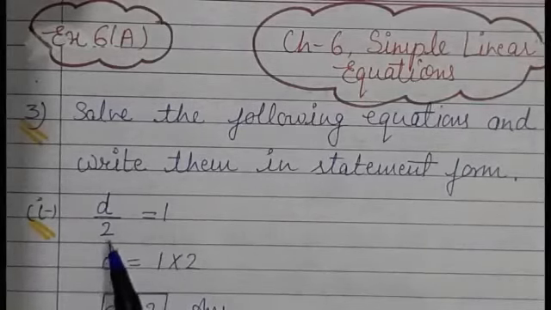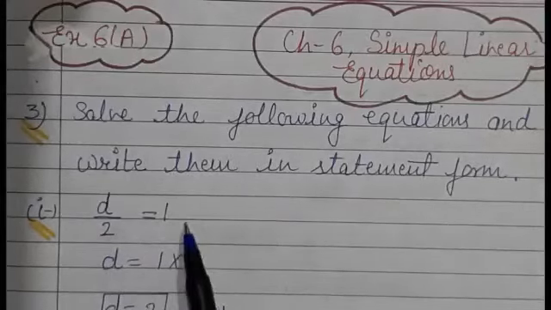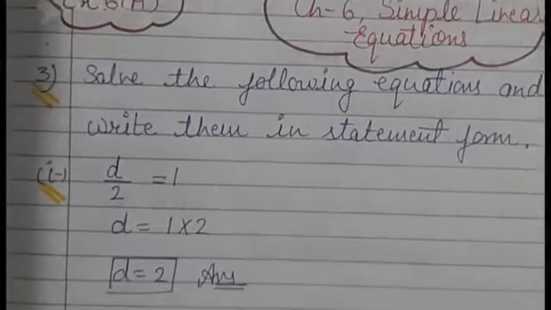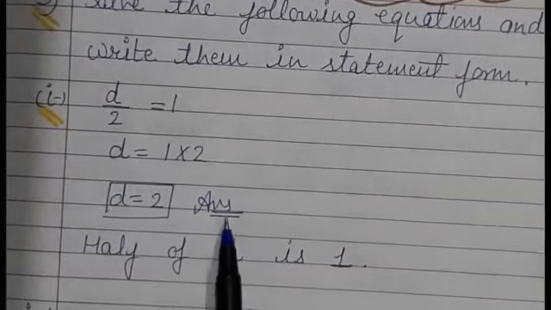When we transpose this to that side, means from left hand side to right hand side, then division becomes multiplication. So what we will write? d is equal to 1 into 2, right? And d is equal to 1 into 2 is 2. So this is the answer.